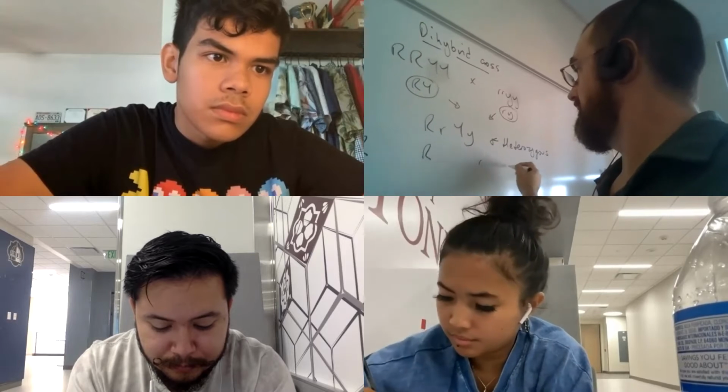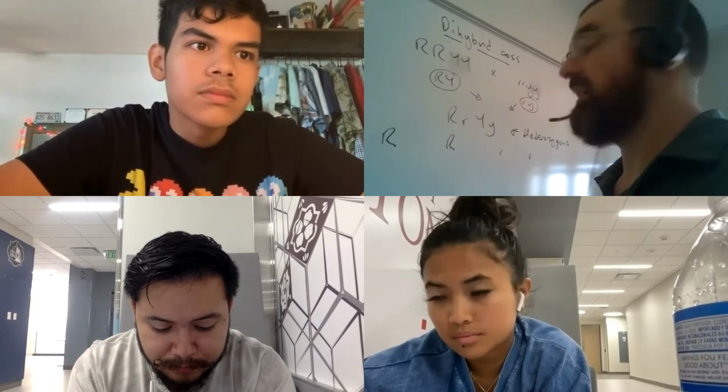So you can have capital R or lowercase r. And the reason why I've written it out twice is whenever you get a capital R, you could get either a capital Y or a lowercase y.